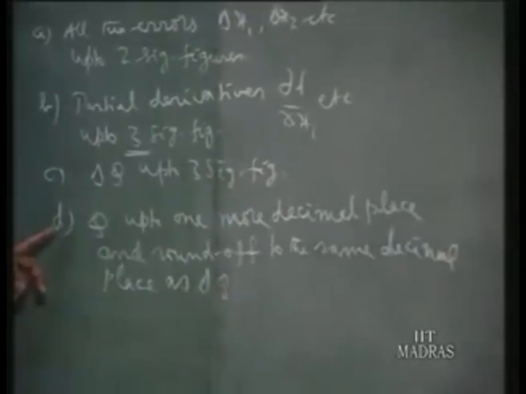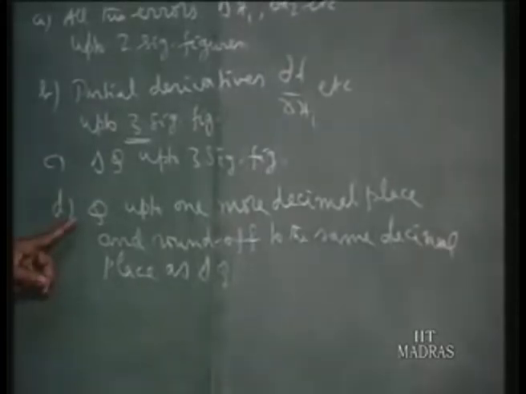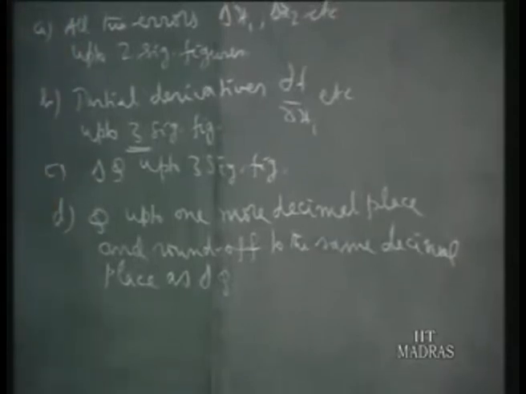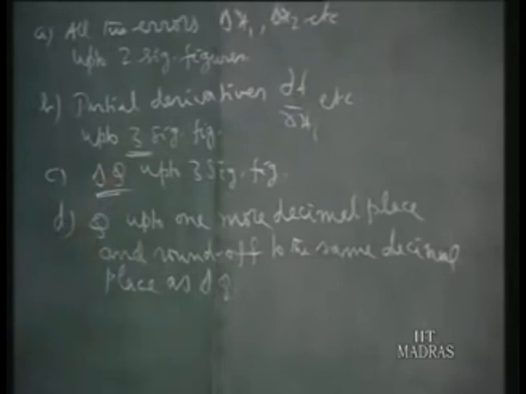And only then are we supposed to compute the nominal q, the nominal computed value. We do not do it at first, because up to what decimal place q should be obtained will be known only after computing delta q.